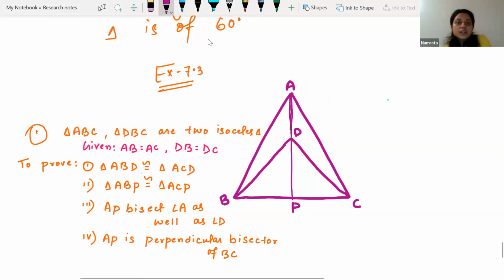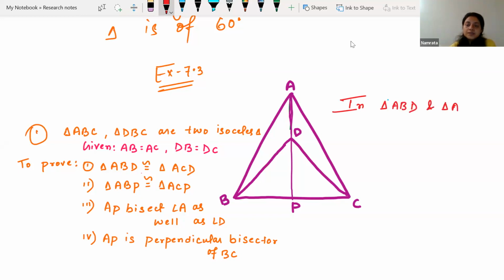This was the exact given figure. What we are going to write down over here: triangle ABD and triangle ACD.